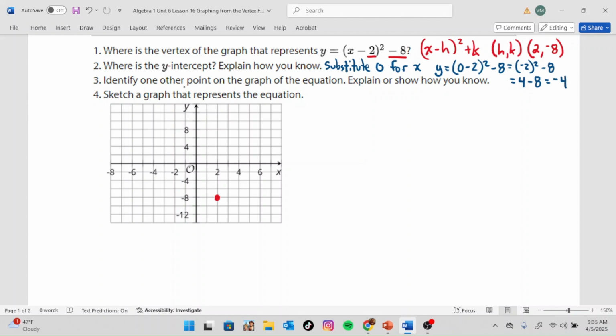Which means the y-intercept is going to be at the point (0, -4). So I can come over here on my graph, and I can go down to -4, and I can plot my y-intercept.